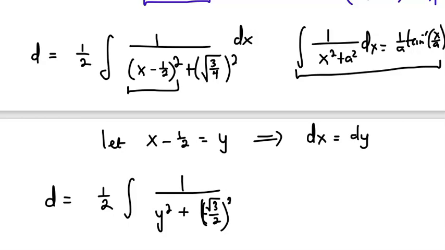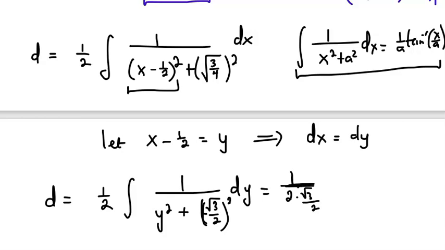Hope that is what we have. Yes, okay, so we have dy, so this will be equal to 1 over 2 multiplied by square root of 3 over 2 right over here, right?